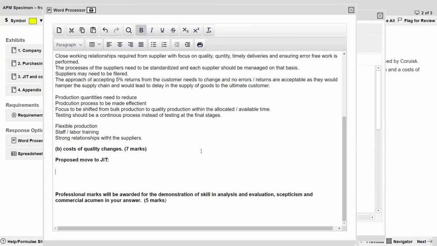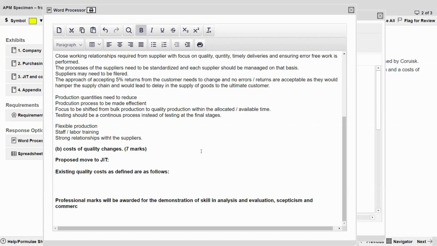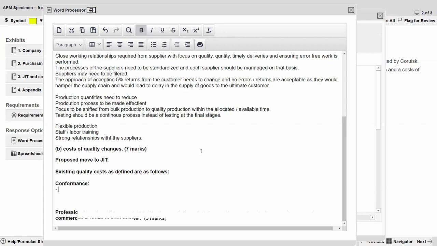We're going to say that, look, the existing quality costs as defined are as follows. So you would actually define the cost of conformance. You would define what the quality prevention cost is.